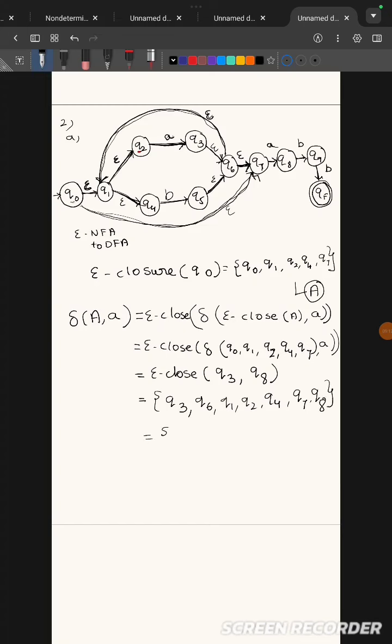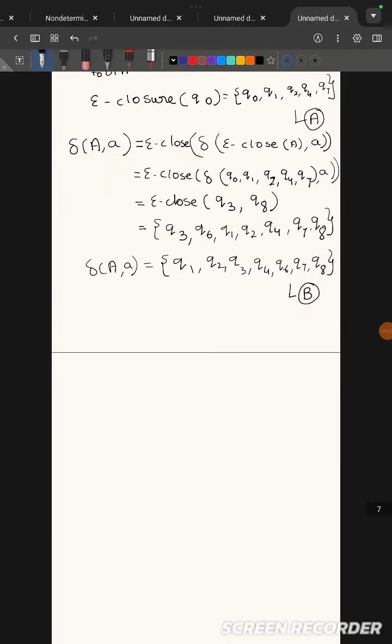If I write in orderly manner, then it will be Q1, Q2, Q3, Q4, Q6, Q7, Q8. We will name this new set of states as B. Transition of state A on small a goes to B. So we have formed a new set of states called B.